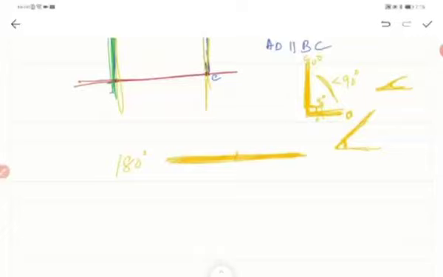Now if the stick you have bent is at some angle and you are not bending the stick more, that angle is a bigger angle, which is greater than 90 degrees. All such angles are called obtuse angles. Those which are less than 90 degrees, all such angles are called acute angles.